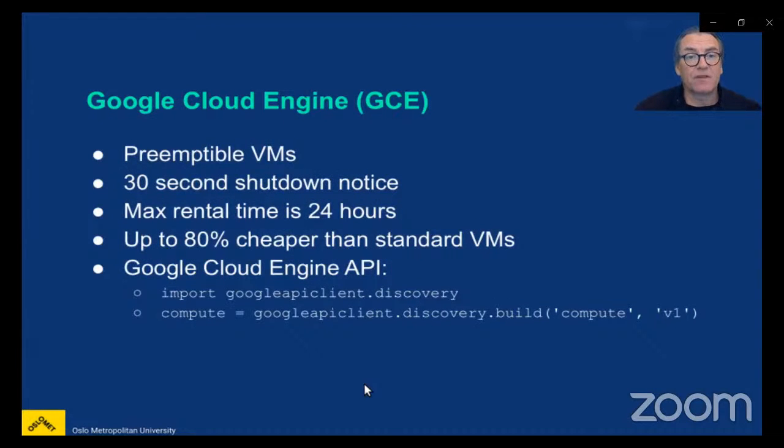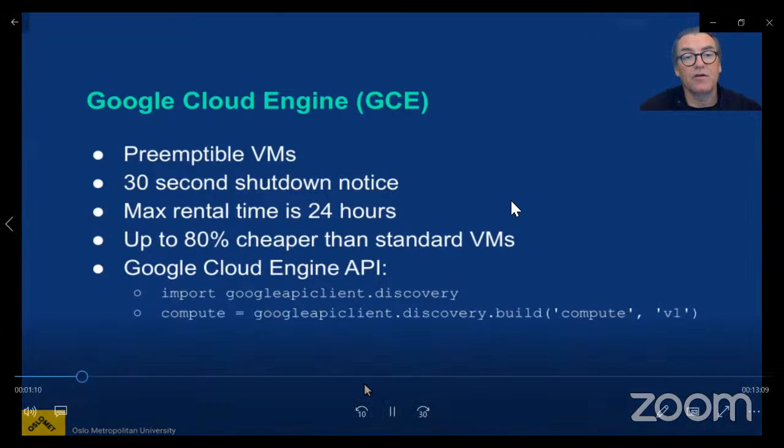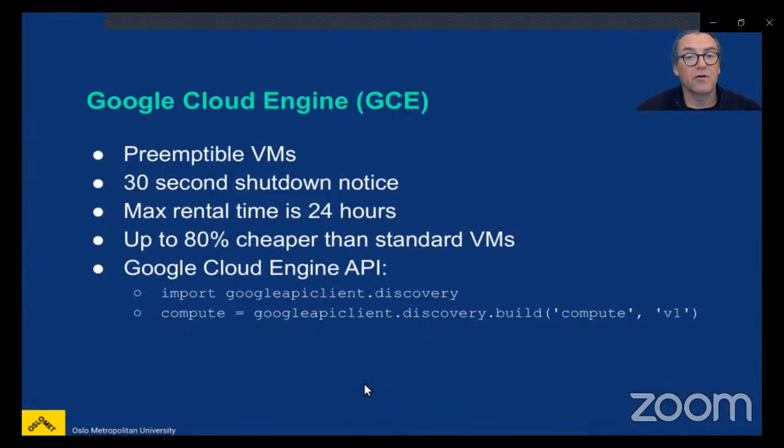The Google Cloud Engine has so-called preemptible VMs. Different from normal VMs, you risk getting a 30-second shutdown notice at any time, and then the VMs just shut down. And you have a maximum rental time of 24 hours.